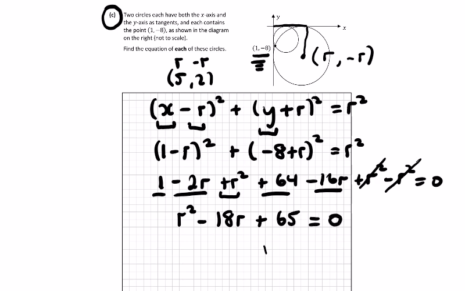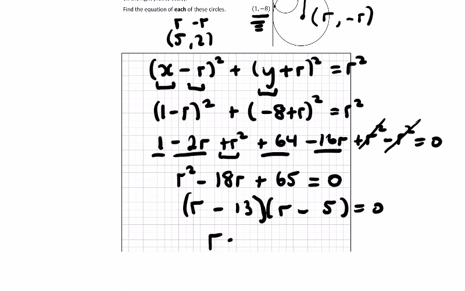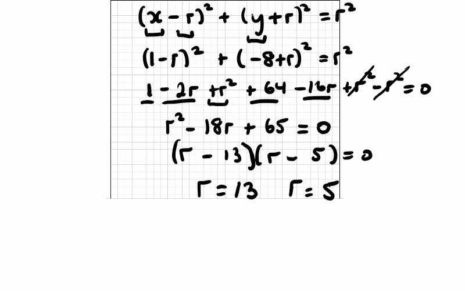Factors are jumping out at me here, 13 and 5, so r equals 13 or 5, so we have our two radiuses. The big one is 13 and the small one is 5, and the centers we said was x positive, y negative, and this one will be 5, minus 5.